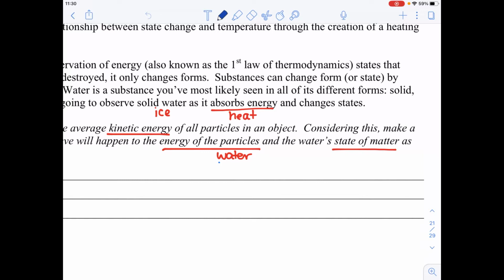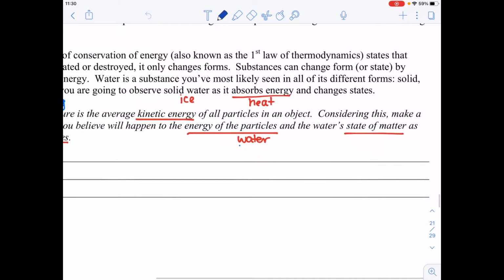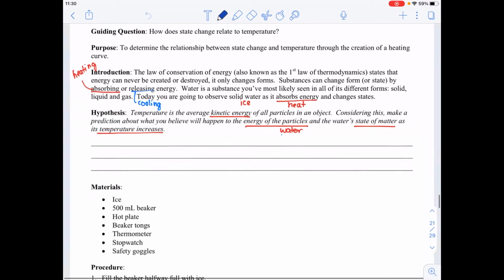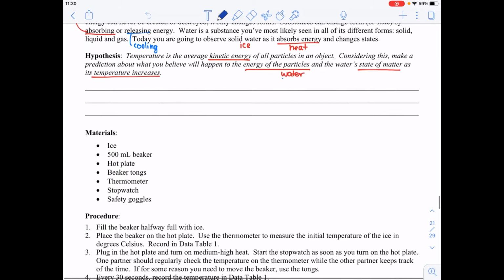Is the energy of the particles also increasing? Is it decreasing? Does it depend on the state of matter? Does it go up and down? Does it not change at all? Think about what those little molecules are doing on a molecular level. Pause the video here so you can create a prediction and tell me what you think the molecules are doing as they move through states of matter.